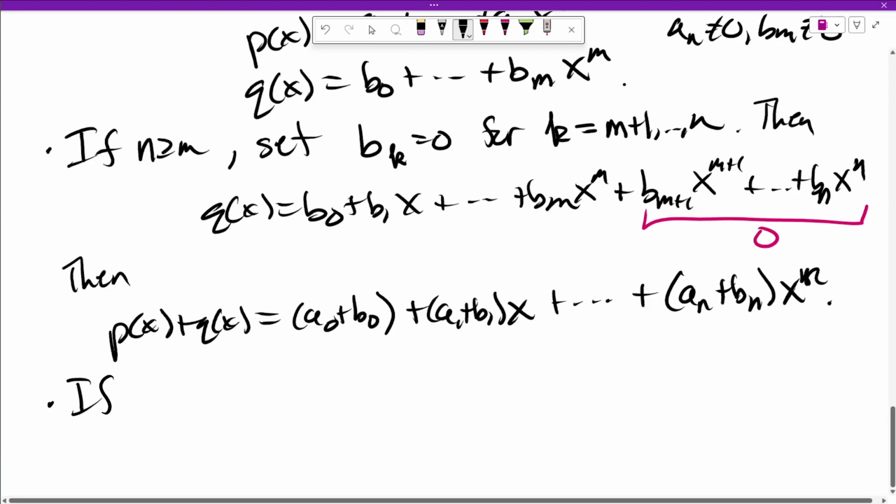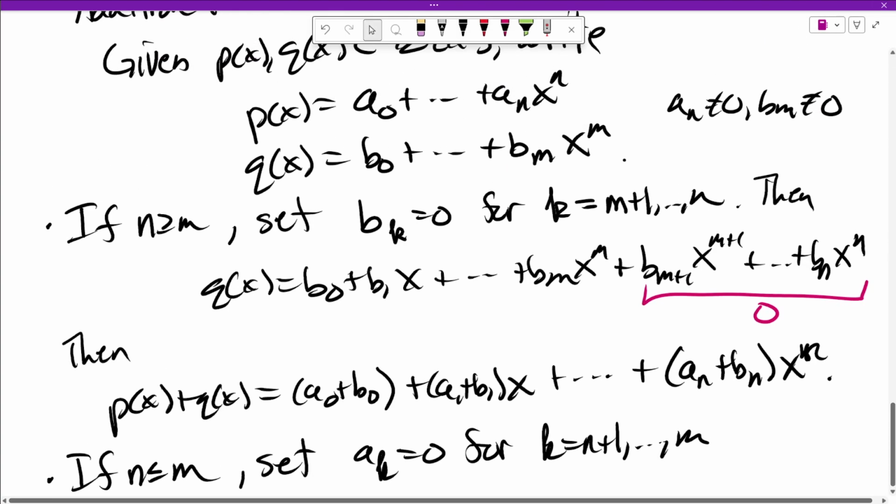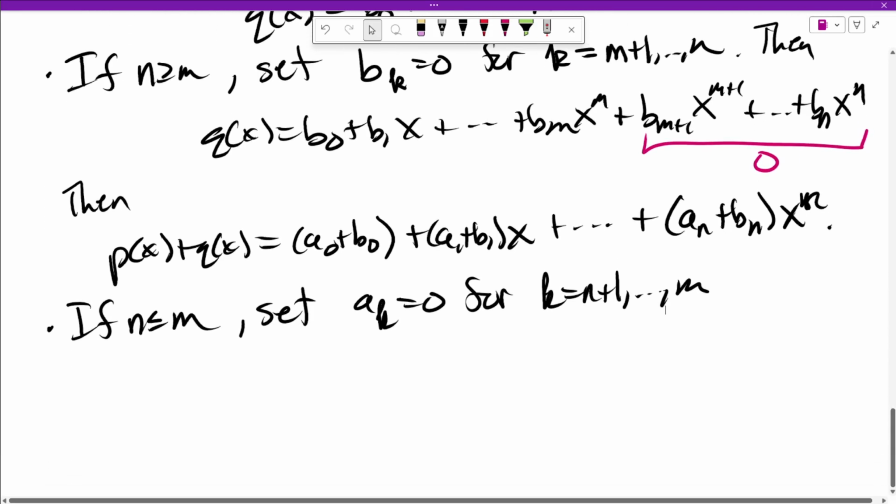If n is less than or equal to m, the other way, we're going to extend p by 0. So we'll set ak to be 0 for k from n plus 1 all the way up to m. That situation arises when the degree of q is bigger, so there are more b's than there are a's, or m is bigger than or equal to n.